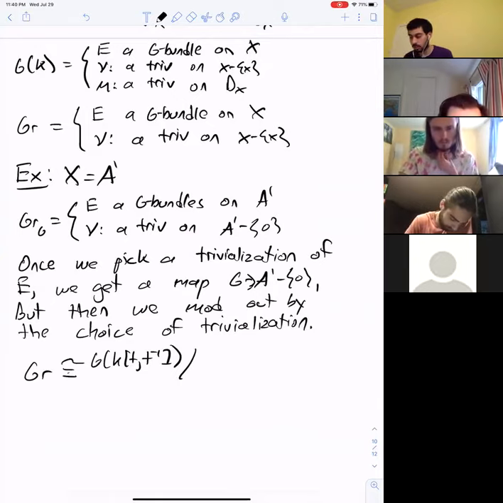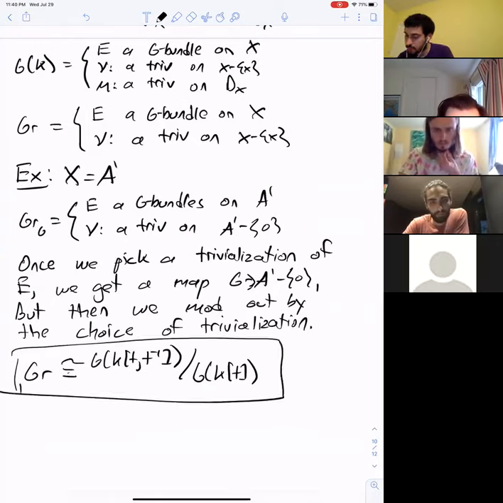That's maps from G to A1. And what's that? That's G of K[T]. So this is a statement which might be a little bit surprising, but it is a global analog of the local definition in terms of Laurent series and power series that we usually have for the affine Grassmannian.